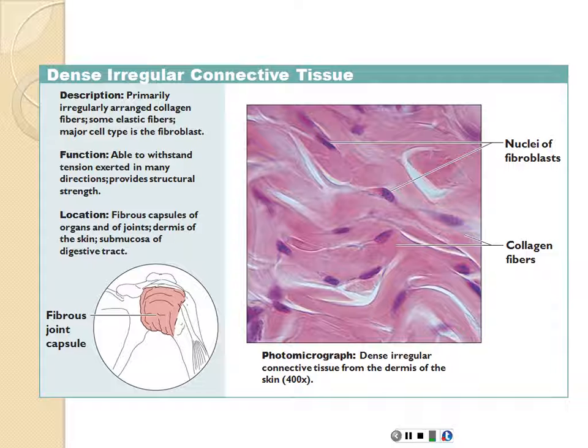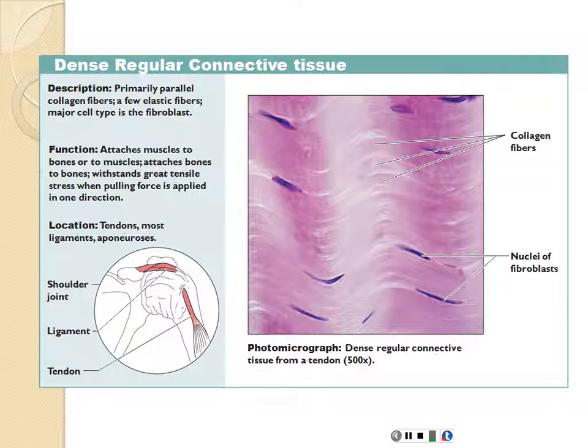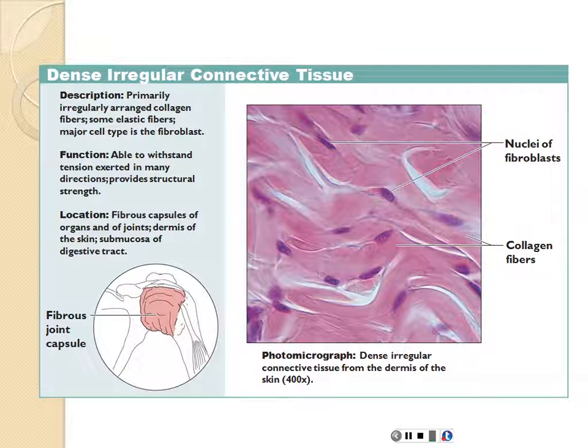Okay, and then you have dense irregular connective tissue. In the regular versus irregular, you can see the dense regular connective tissue, the collagen fibers are parallel, sort of a smooth appearance, whereas in dense irregular connective tissue, the collagen fibers are not as uniform.